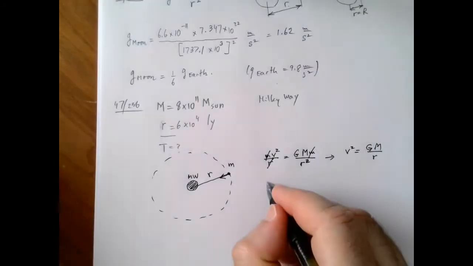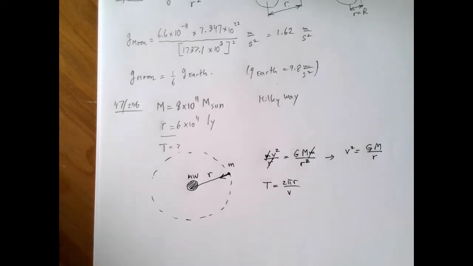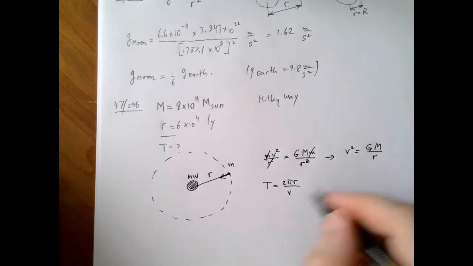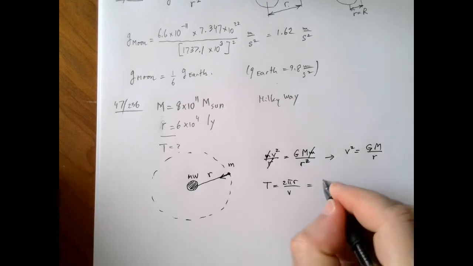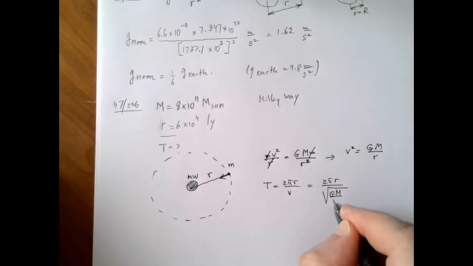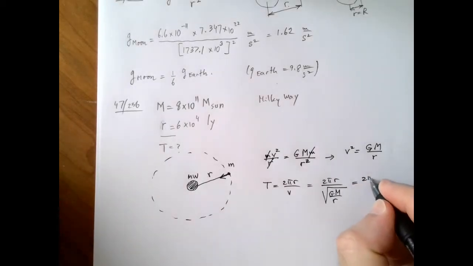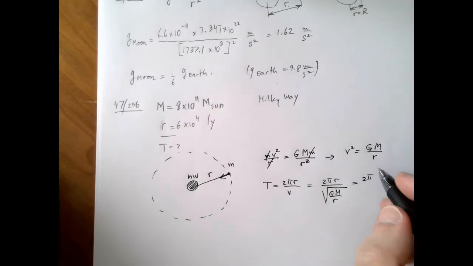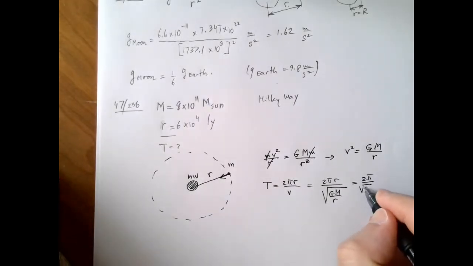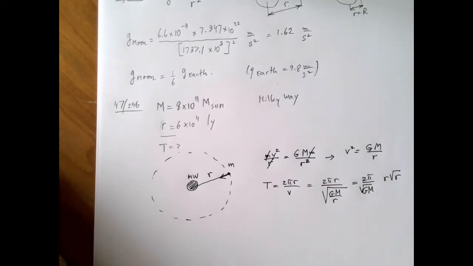On the other hand, we know that the period is 2 pi r over v. So if we bring this expression here, this will become 2 pi r over square root of GM over r, or 2 pi over square root of GM times r to the three halves.